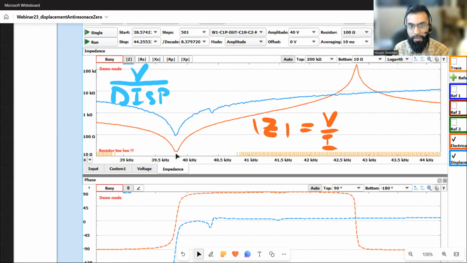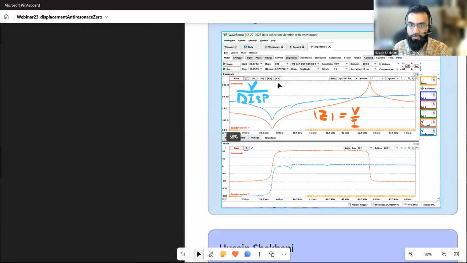The lower this pseudo impedance, the higher displacement we get from the same voltage. As we leave resonance, we don't see anything at anti-resonance here. There's no special feature of the displacement. Displacement continues to drop lower and lower according to the voltage input.